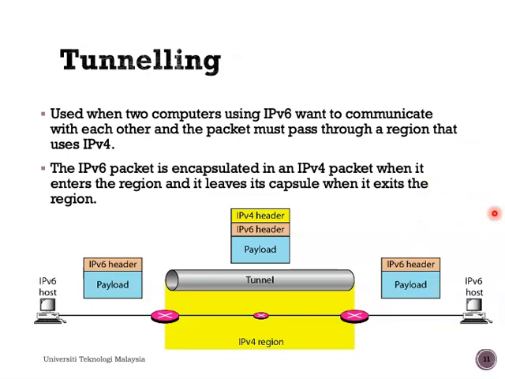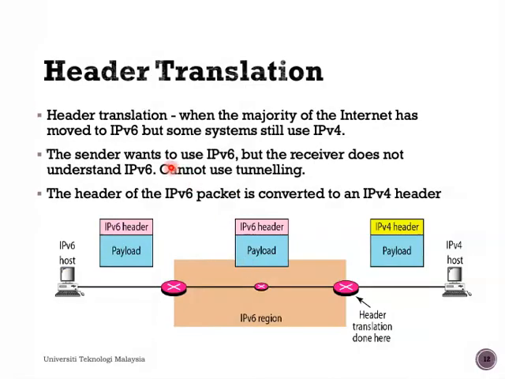All right, so basically this is tunneling, one of the strategies when two computers in the IPv6 system want to connect together but need to pass through an IPv4 region. So the final strategy here is using header translation.